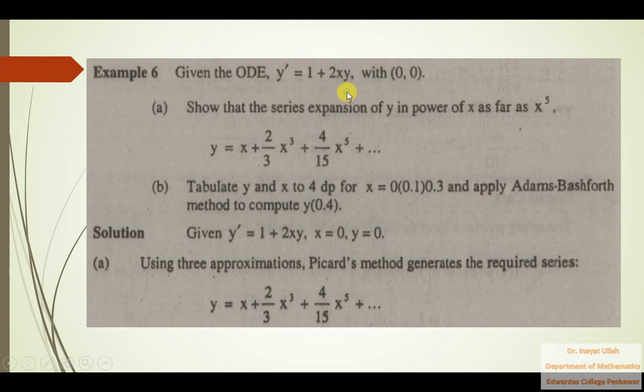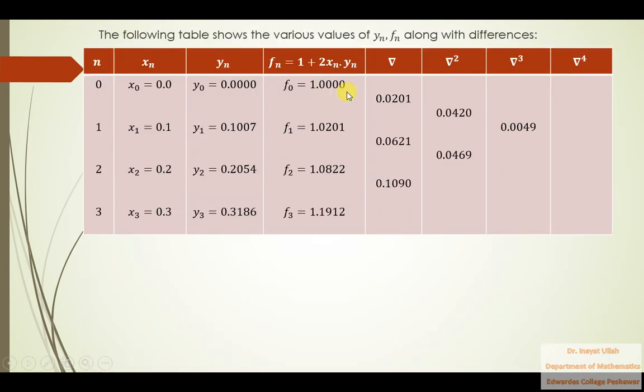So this table is obtained in that manner. These are the values of xi's. X naught starts from 0.0, ends at 0.3 with a step size of 0.1, then 0.2, then 0.3, and y0, y1, y2, y3 are obtained.